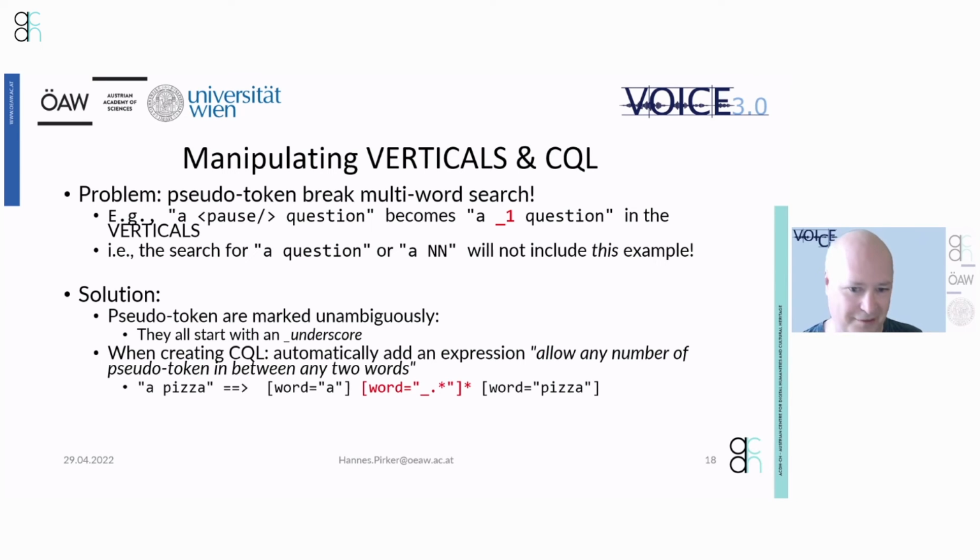And more important, when creating our CQL, we automatically add an expression: allow any number of pseudo-tokens in between any two words. So in CQL terms, a pizza becomes search for the word a, search for the word pizza, but in between, you see it in red, allow any number of words which start with an underscore. These are our pseudo-tokens.